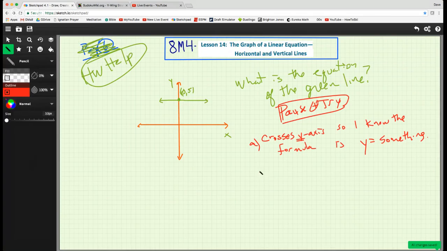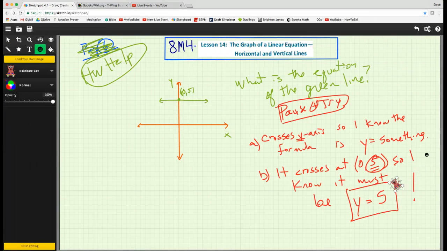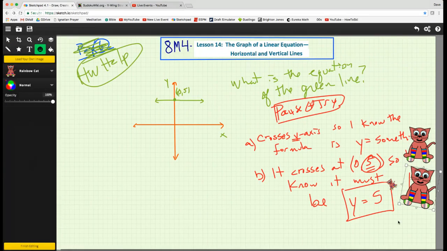That's part A. B, it crosses at 0, comma 5. So I know it must be y equals 5. So those of you who got that, give yourself a big happy cat and a happy cat.